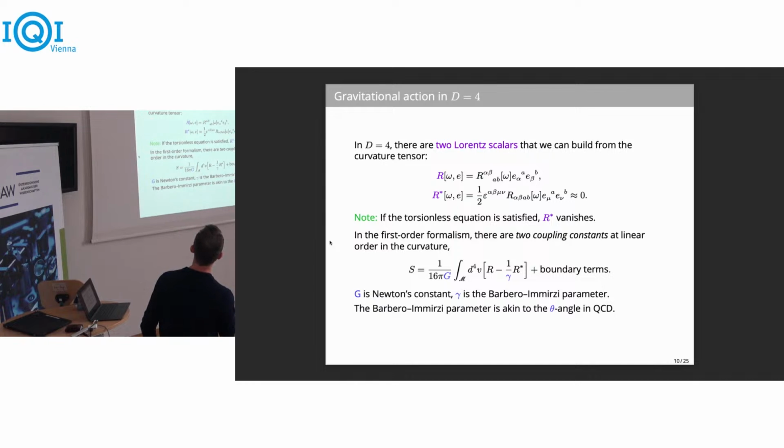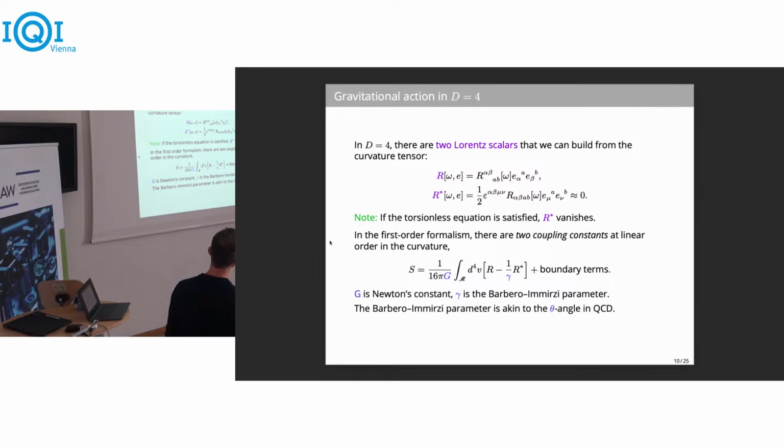And this appears only in D = 4 space-time dimensions, because in D = 4, in the first order formalism, when you work with tetrads and connections, you have two curvature scalars from which you can build an action that is linear in the curvature, and this action gives you back the Einstein equations.